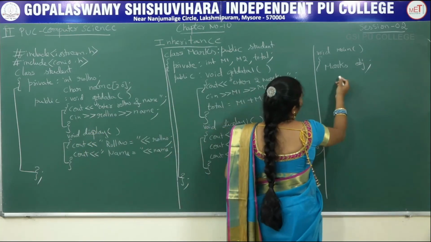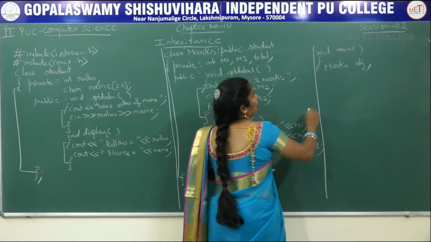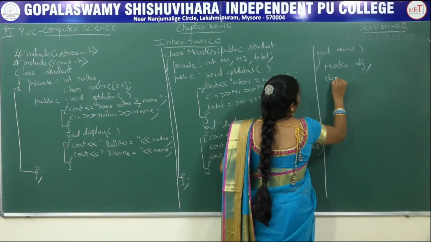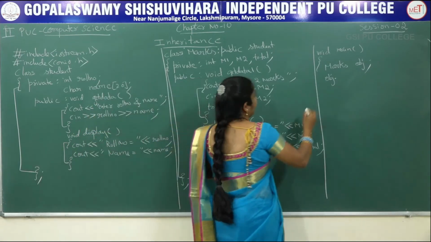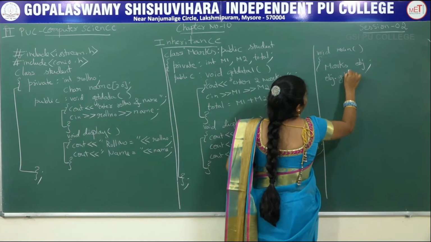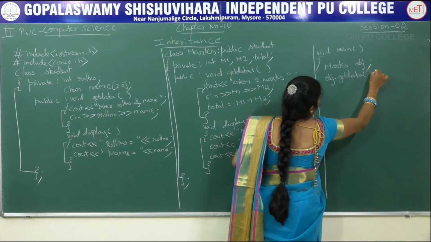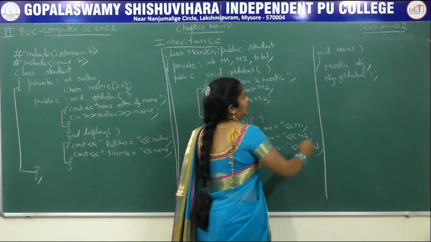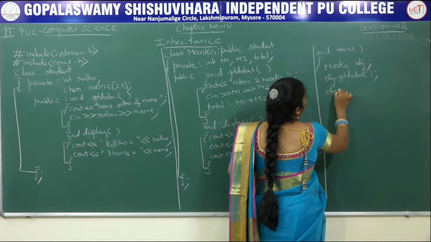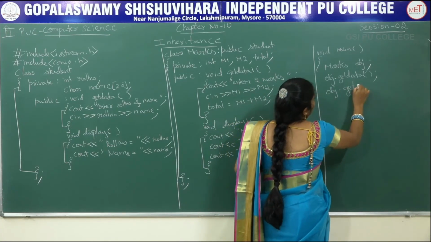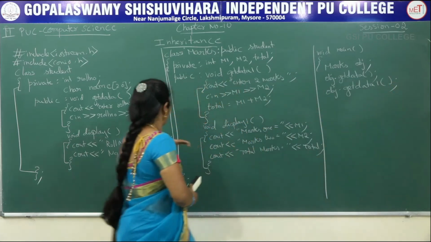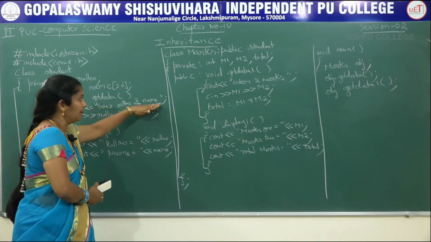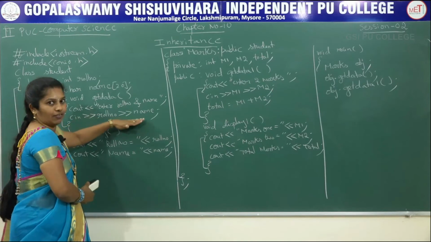Then next after that call the functions one by one. Object dot whichever you want you can call. For example, first I am to take get data function, I am to call get data function. Next object dot get data 1. ಅಂದ್ರೆ ಫಸ್ಟ್ ನಿಮ್ಗೆ ಔಟ್ಪುಟ್ ಏನ್ ಬರುತ್ತೆ? ಎಂಟರ್ ರೋಲ್ ನಂಬರ್ ಅಂಡ್ ನೇಮ್, ದೆನ್ ಇನ್ಪುಟ್ ದಟ್ ವ್ಯಾಲ್ಯೂ.